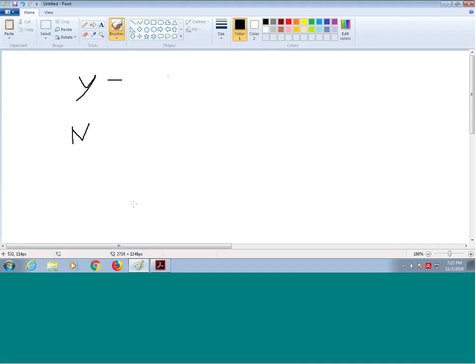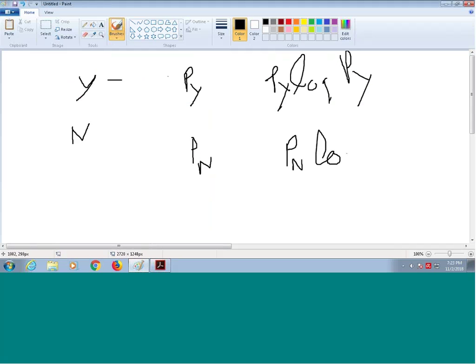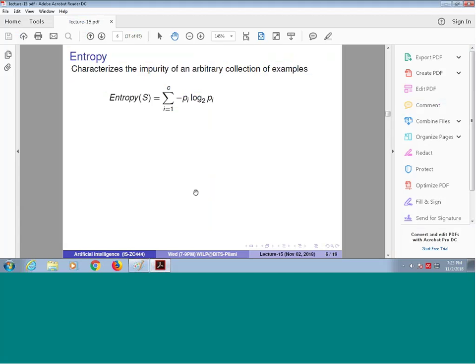So you have to find out what is the probability of class yes and what is the probability of class no, and then you find out p_yes log of p_yes, and then also probability of no log of probability of no. You add these, take the negative of the sum. This is what it is. For every class you find out this thing.